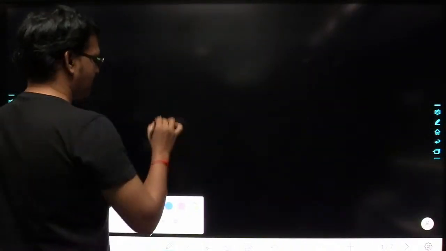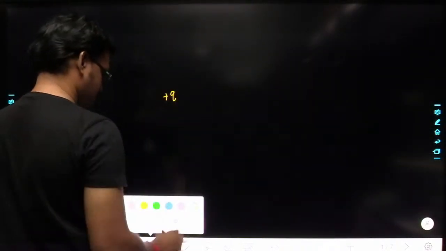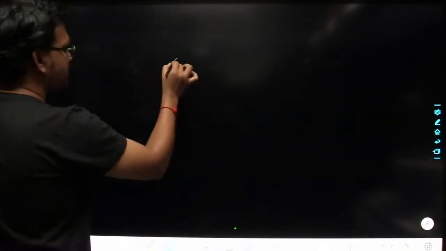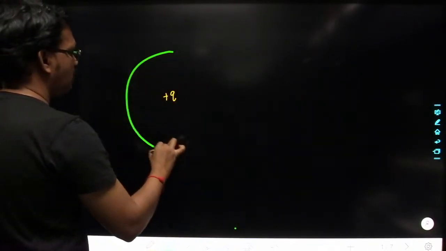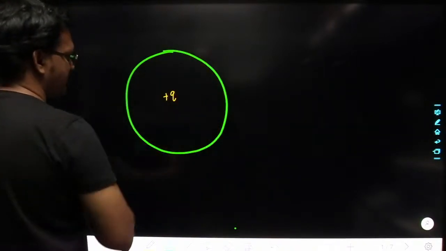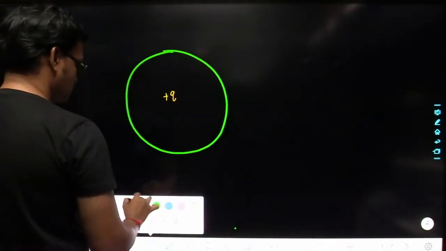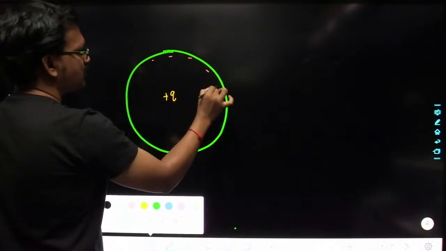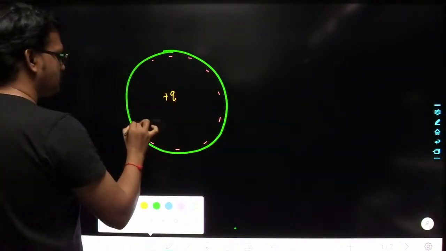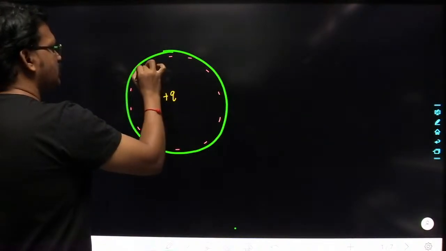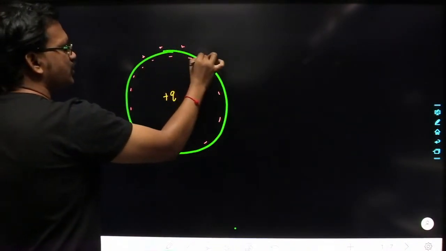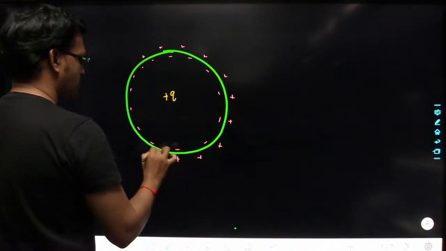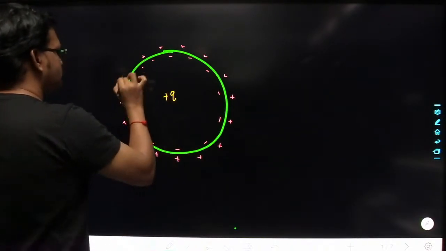See here, whenever you place a charge Q here, and you are enclosing it with a hollow metallic conducting sphere like this, so the negative charge will get induced on the inner surface, and equivalently positive charge will get induced on the outer surface, right?